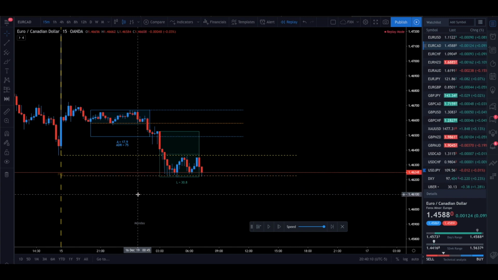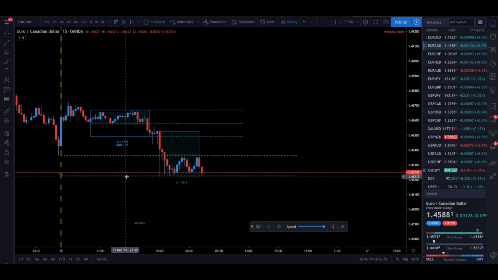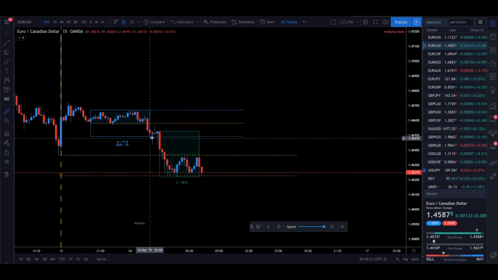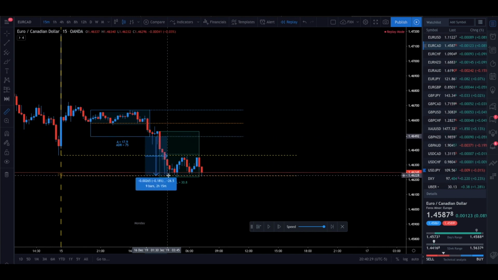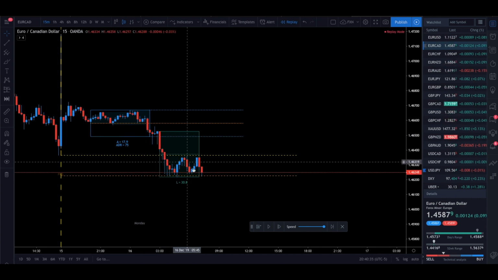So not only are we going straight down, but we're tagging previous week's low. All right, so all that is extra confidence that it should give you about this particular trade. Now if we measure this, we're looking at about 26 or 27 pips or so from the bottom of the Asian range, right?